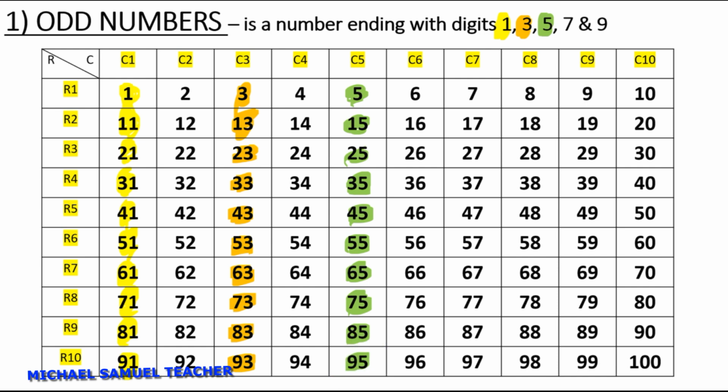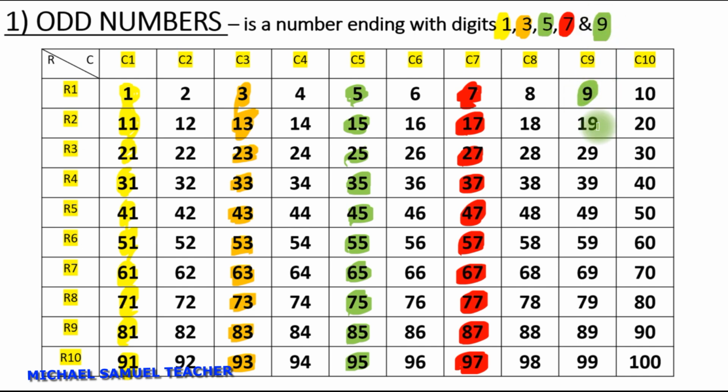And then we have the other one ending with digit 7. So we have column 7. All of these numbers are ending with digit 7, so they are also odd numbers. Then numbers ending with digit 9.